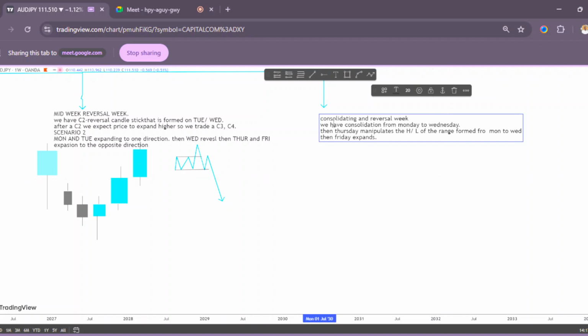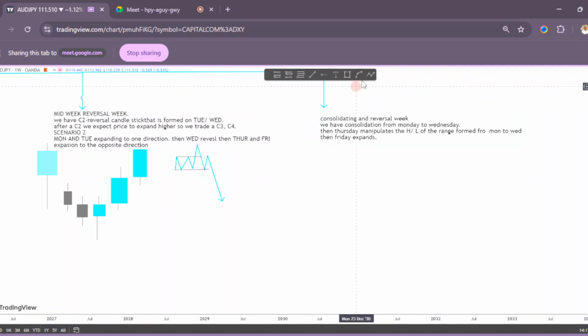So what we see here is something like this. We have Monday, Tuesday accumulating, and then Thursday manipulates either the low and gives us something like this, or the high.